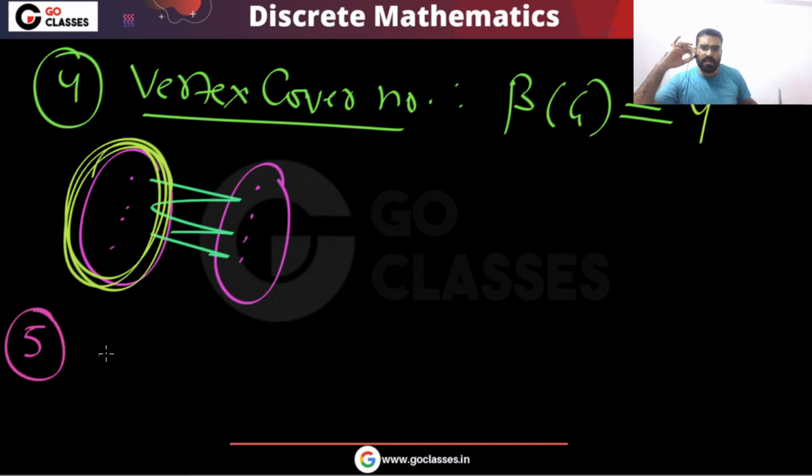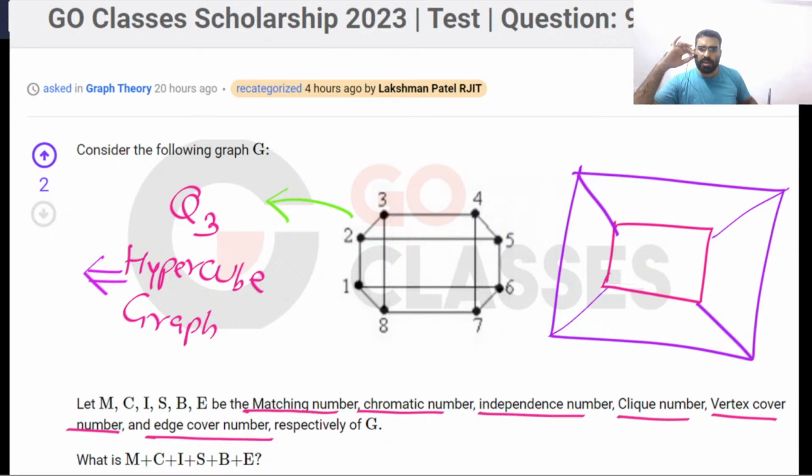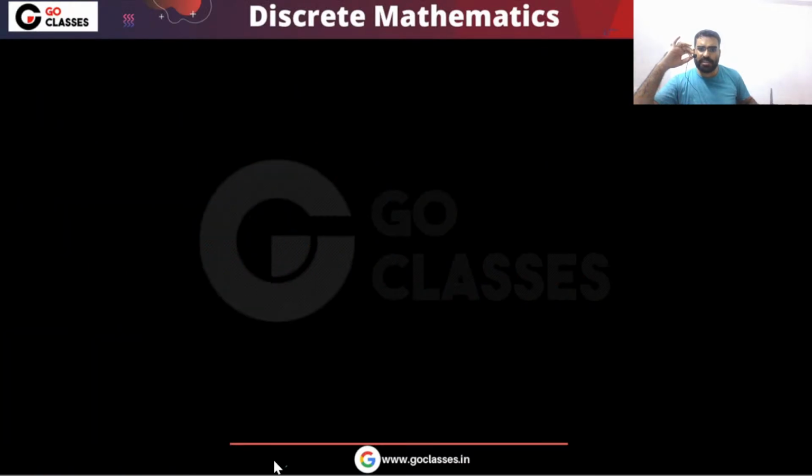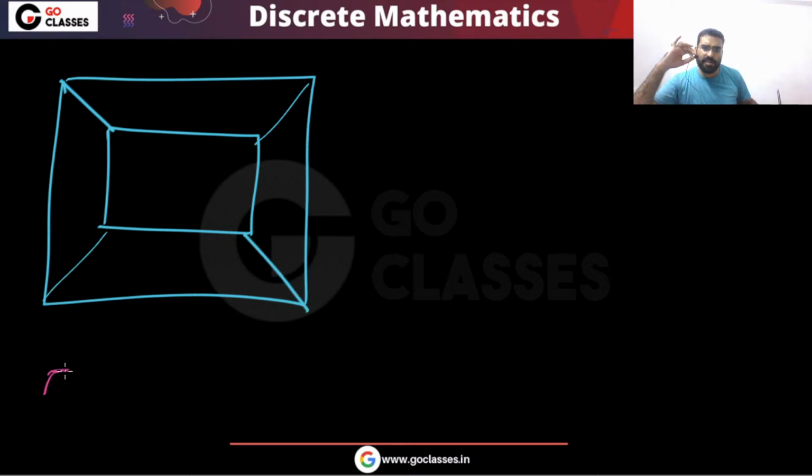Next, after that, what is the edge cover? If you want to cover all the vertices, then what is the edge cover? This is your graph. In this graph, what will be the edge cover?